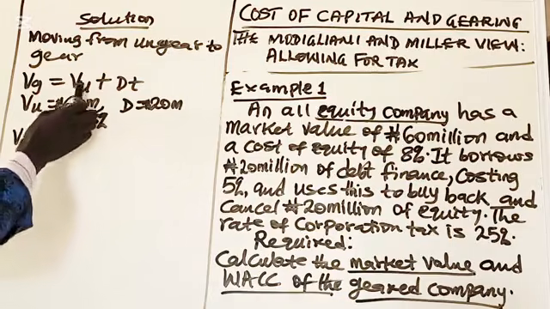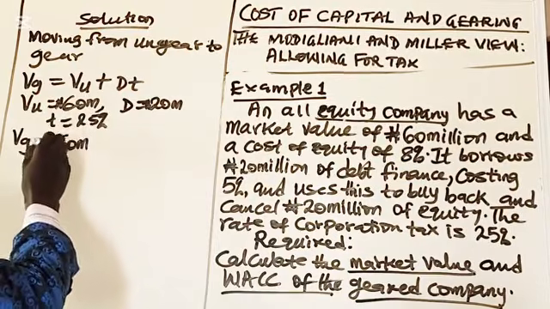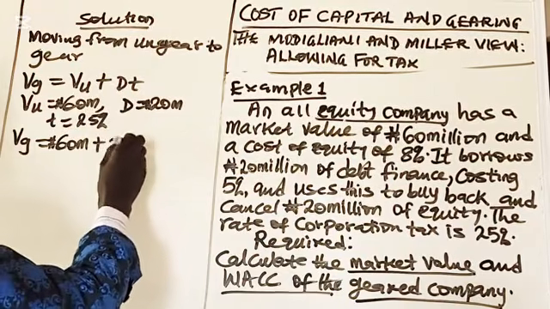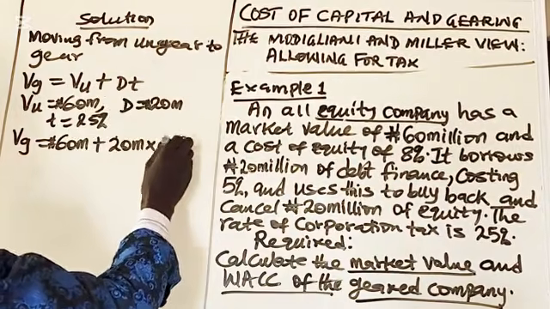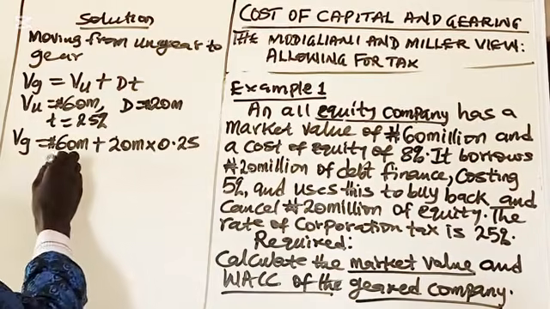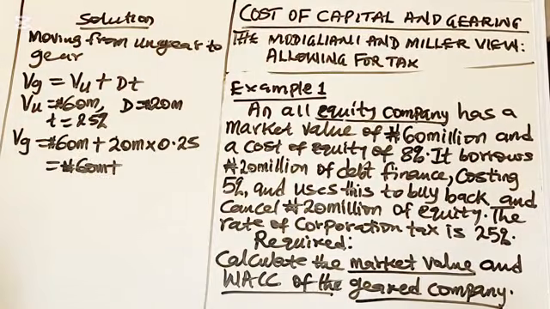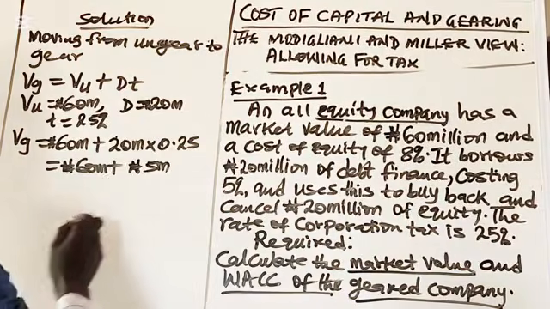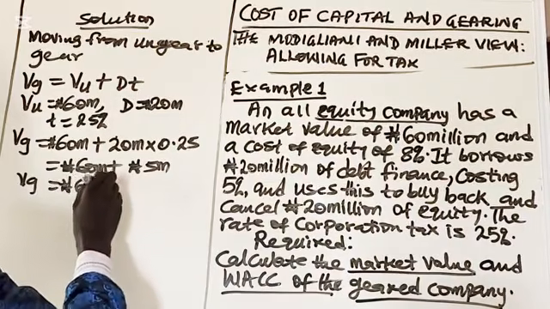Value of geared company is value of an ungeared, which is 60 million naira, plus D, which is 20 million, times the tax rate of 25%, which is 0.25. So we have 60 million naira plus 20 million times 0.25, that gives us 5 million naira. So value of a geared company now will be 65 million naira.